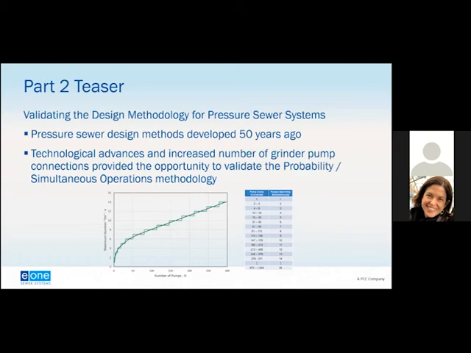And there we'll talk about the development of the probability method, and then how the technology has advanced in terms of flow monitoring, and the number of grinder pump connections has increased tremendously in the last 50 years, and how these two events have provided E1 the opportunity to go back, look at the development of the probability simultaneous operation method and validate that it is still an acceptable means to design pressure sewer systems using semi-positive displacement grinder pumps.